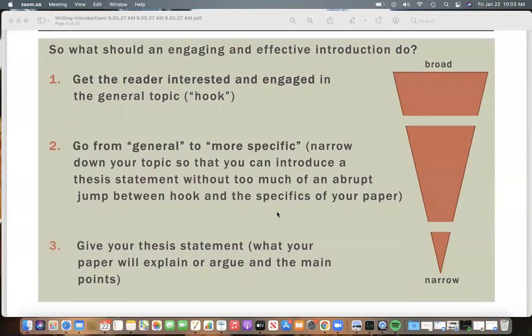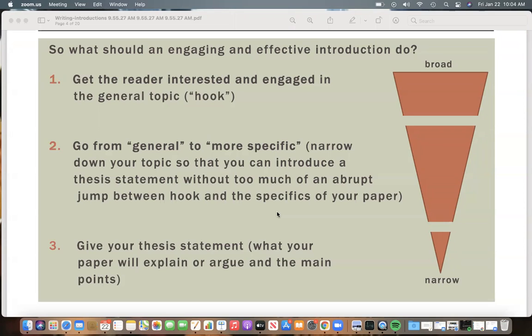The first thing it should do is get the reader interested and engaged in the general topic with some sort of hook, and we'll look at those hooks in just a minute. It goes from general to more specific and narrows down your topic so that you can introduce a thesis statement without too much of an abrupt jump between the hook and the specifics of your paper, and then give your thesis statement, which is the statement that explains what your paper is going to argue and the main point.